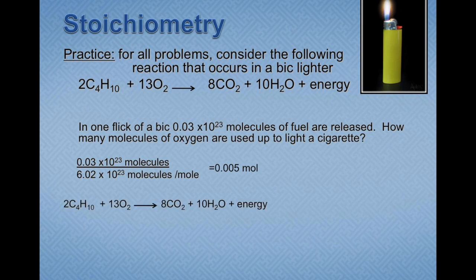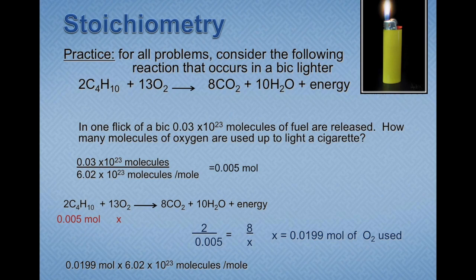So now I'm going to rewrite our equation, and we're going to put this number underneath butane, which is what it represents, and we'll put an X under oxygen because that's what we want to find out how many molecules there are of. So now that we have that ratio, we can draw this as an equation and cross multiply. And when we do this, we end up with X equals 0.0199 moles of oxygen used.